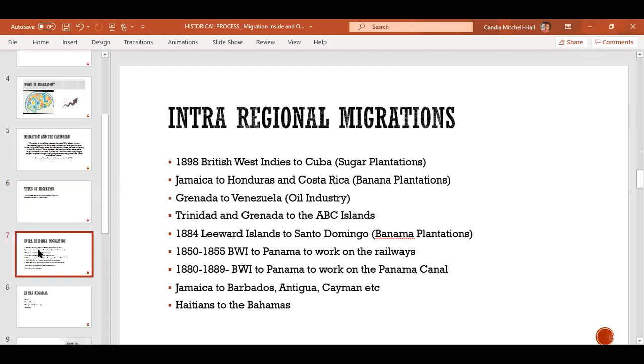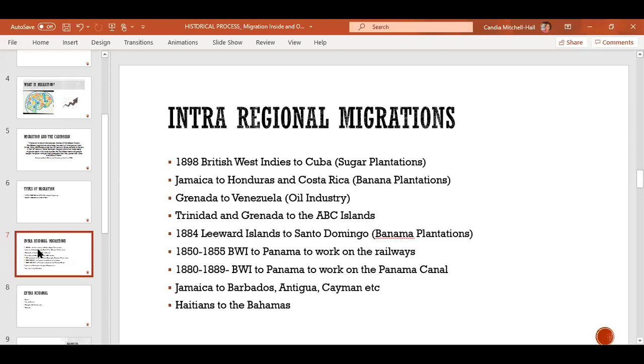Now, examples of intraregional migration. One of the first examples would have happened in 1898. In 1898, Cuba would have gained its independence after the Spanish-American War. After the Spanish-American War, they wanted persons to work on the sugar plantations.